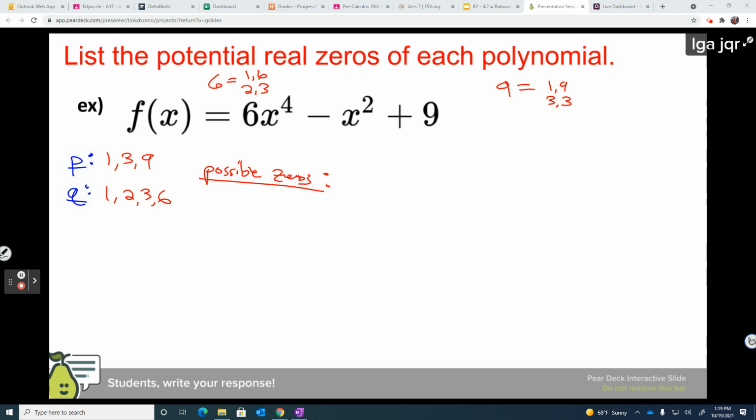We're going to have a little more work to do on this one. We're going to do 1 over 1, 1 over 2, 1 over 3, 1 over 6, 3 over 1, 3 over 2, 3 over 3, 3 over 6. Let's go through this pattern. I'm going to go ahead and write them all out. So plus or minus 1 over 1 is 1. Take a minute and do that.